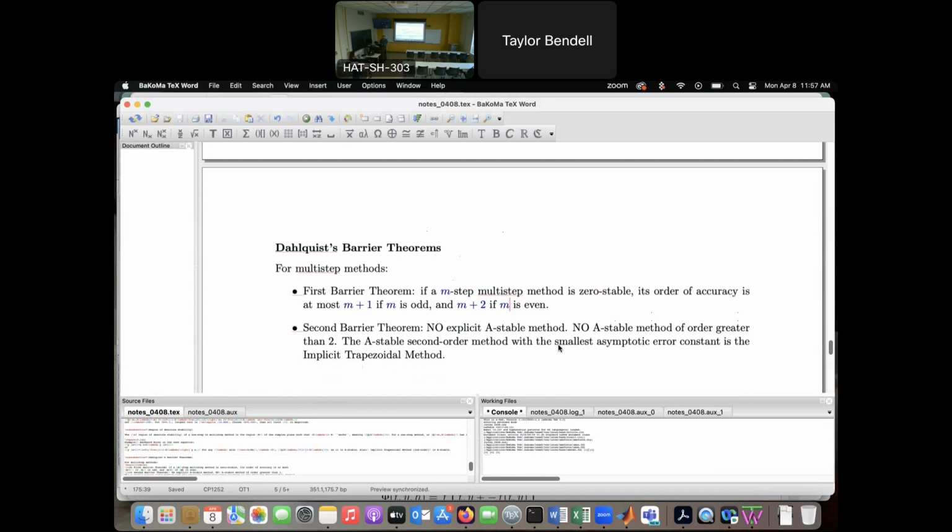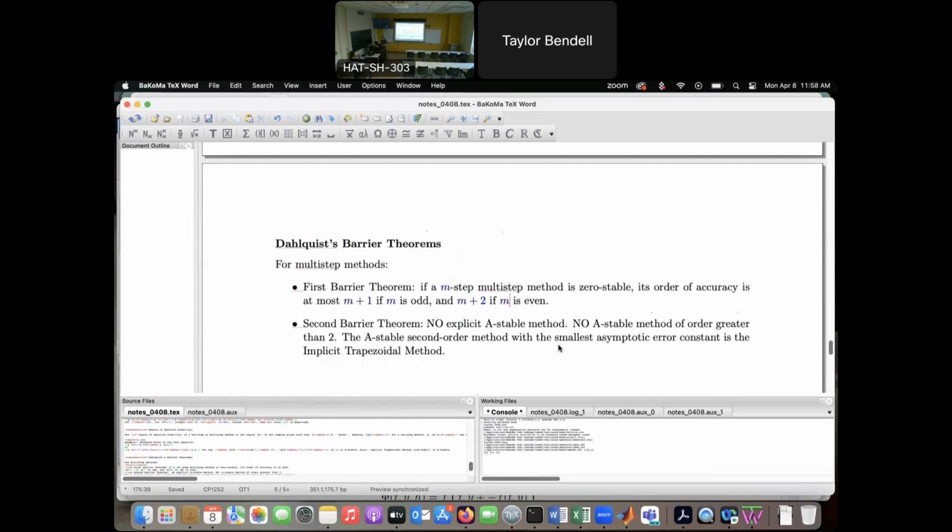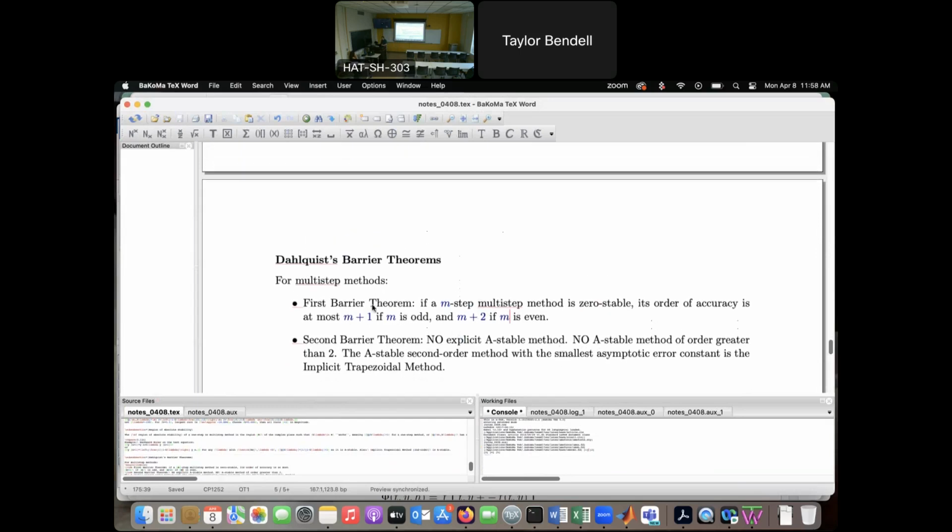That scaling constant is smallest for trapezoidal compared to other second order accurate A-stable methods. So kind of a bleak picture as far as A-stability goes, but oh well. Okay, so that's convergence analysis.